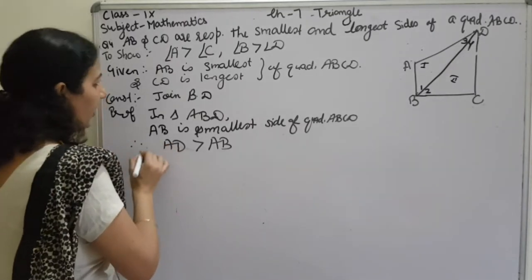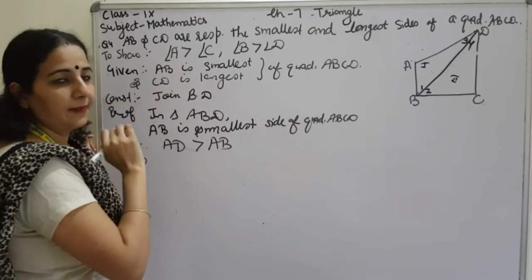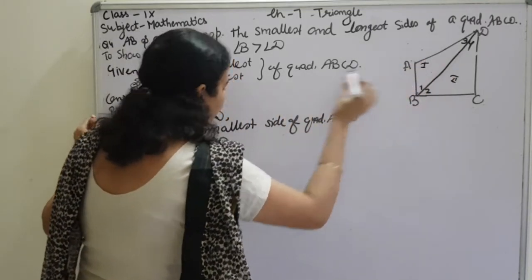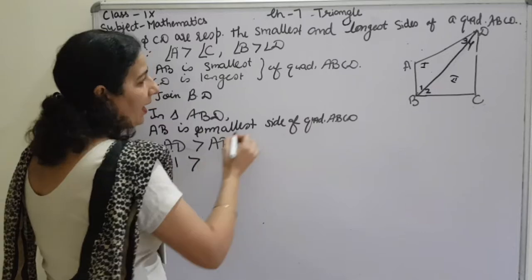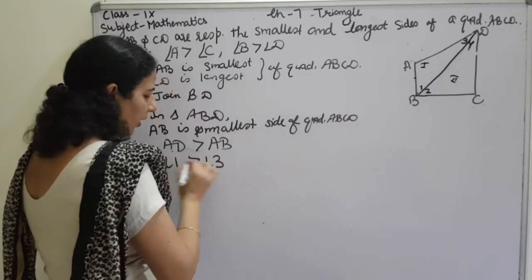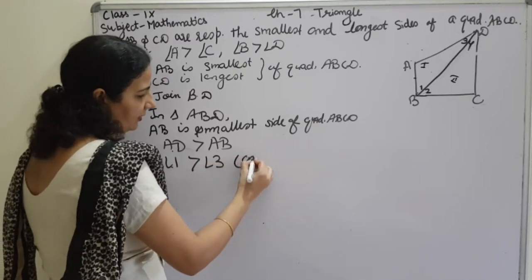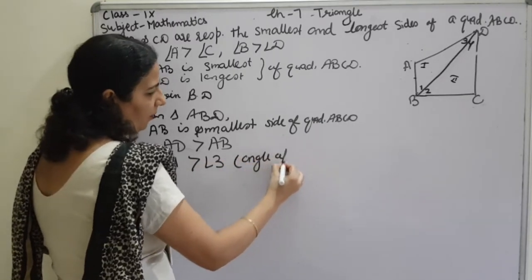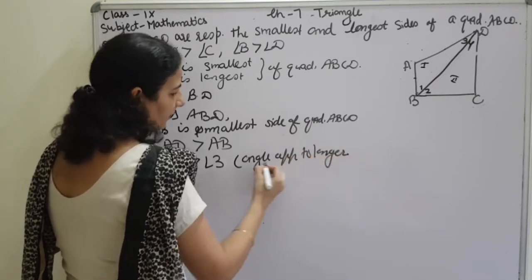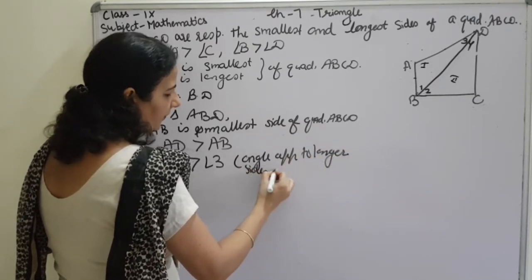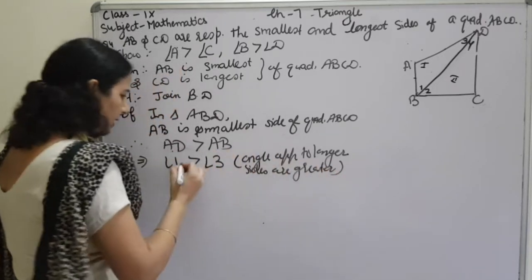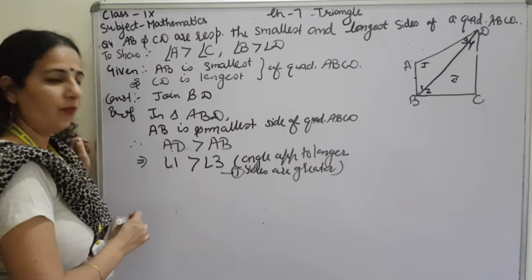Now, convert into angles because our answer is in angles. Which angle is opposite to AD? It is angle 1. Which angle is opposite to AB? It is angle 3. So angle 1 is greater than angle 3. Reason: angles opposite to longer sides are greater. Name it as equation number 1.